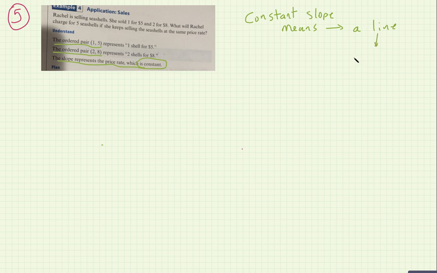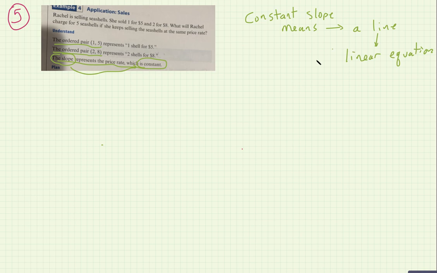And when you talk about a line, that means that it can be written as a linear equation. Any line can be written as a linear equation. Those are the key words that you need to be looking at in your head. And when you see that, you know that we have a line.